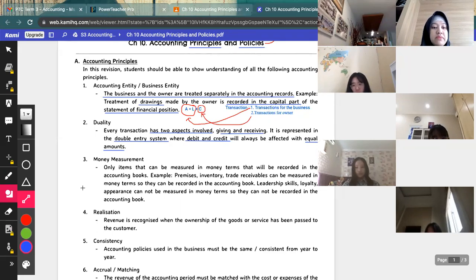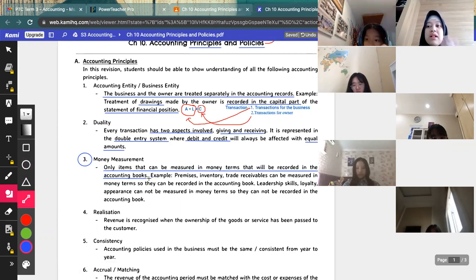Next, money measurement. Money measurement is one of the principles that really often appears in IGCSE questions. So please pay attention very carefully. Money measurement states that only items that can be measured in money terms will be recorded in the accounting books.